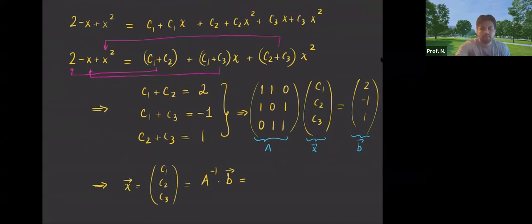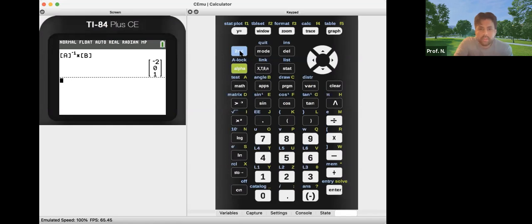And again, you can do this using your calculator. And so you go back, you edit, and so it will be 1, 1, 0, 1, 0, 1, 0, 1, 1.